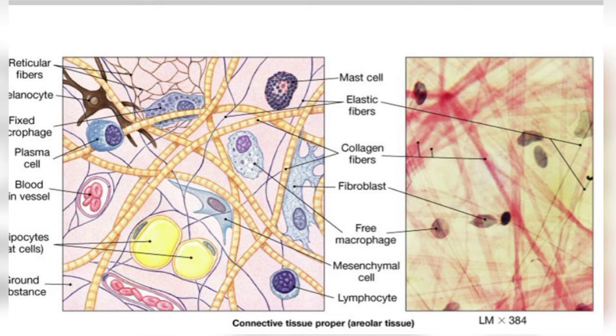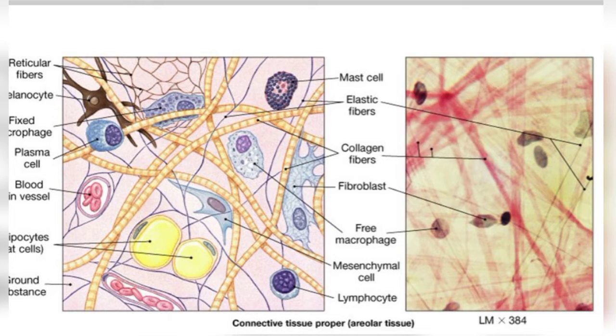It is a supporting and packing tissue found between the organs lying in the body cavity. We know that many body cavities are present inside our body, such as the abdominal cavity. This tissue works like a supporting and packing tissue between the cavities of our body.